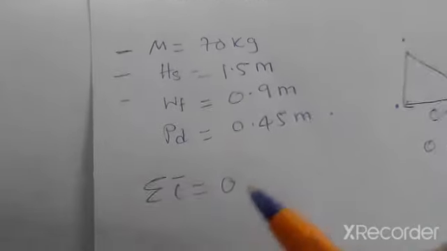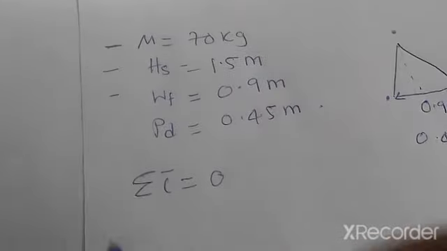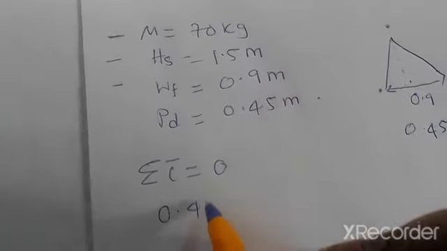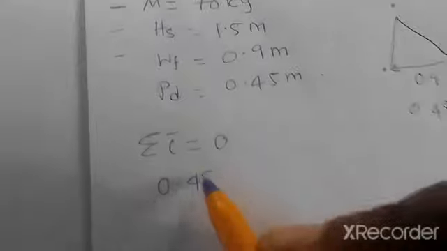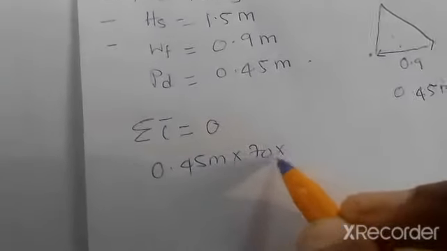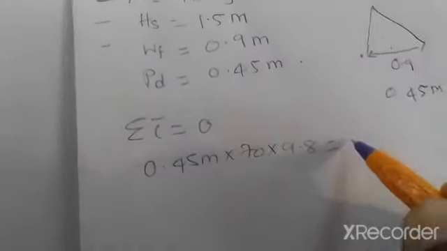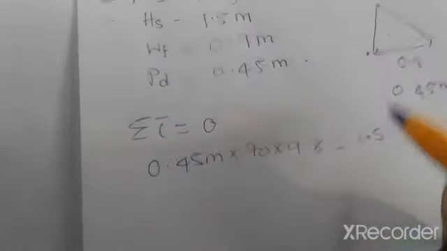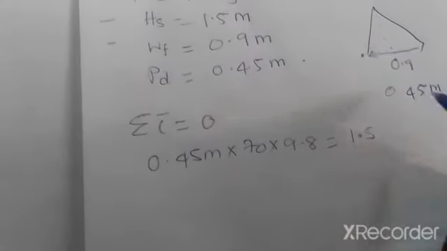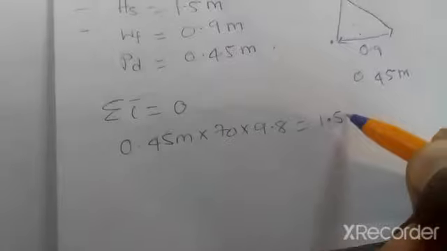Meaning we multiply 0.45 meters by the weight of the person, which is 70 by 9.8, and that is going to equal 1.5 meters, which was the perpendicular distance of the force being applied across the shoulder, multiplied by the force.